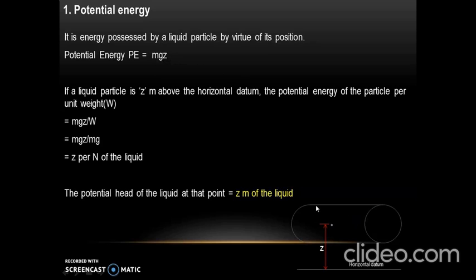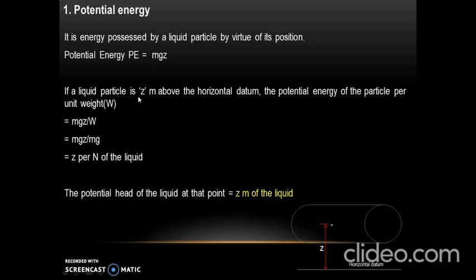Now for example, let us consider a liquid flowing in a pipe, and in that flowing fluid, let us imagine a particle being located at distance z from horizontal datum. So potential energy possessed by this particle will be weight into z. Weight is nothing but mass into acceleration due to gravity. So mgz is the potential energy possessed by this particle by virtue of its position. So that is what is mentioned here.